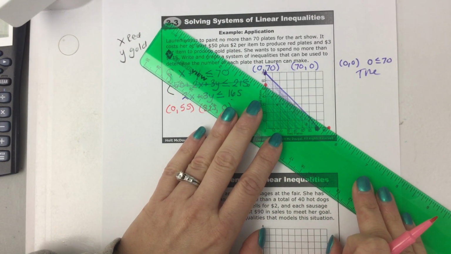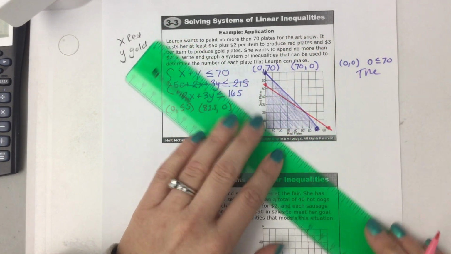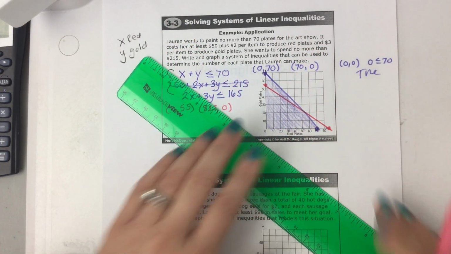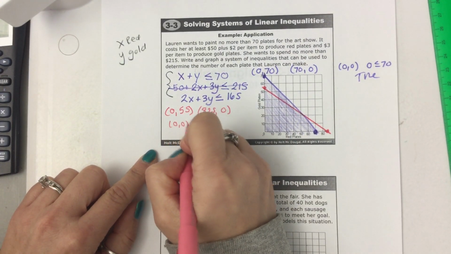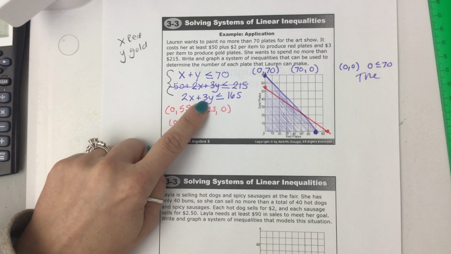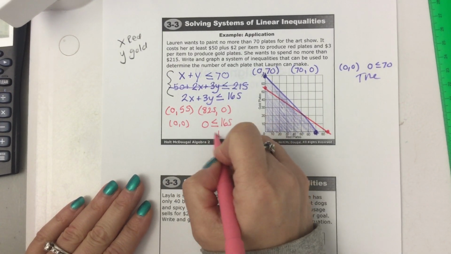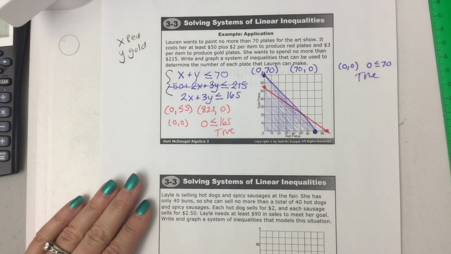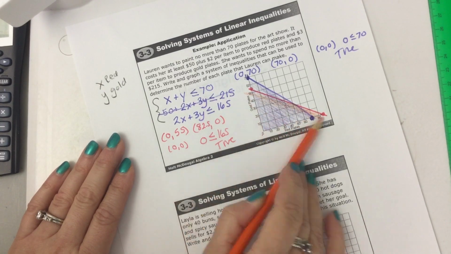Now this is focusing on the money aspect. So from this line, do I shade this way or do I shade this way? So I have to go ahead and do a test point. Again, I can try 0, 0. If I put in a 0 for x and a 0 for y, my statement is 0 is less than or equal to 165. Well, yeah, sure. That is true. So from this line, I shade on this side.